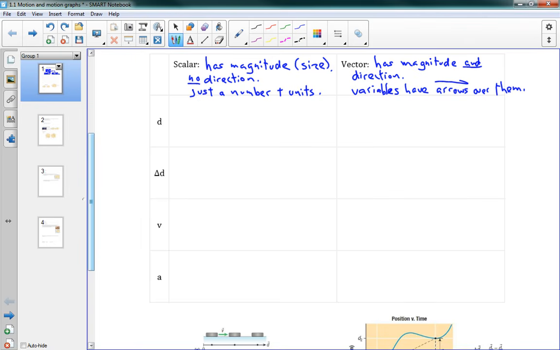Okay. For our scalars and vectors, first we're going to look at d. The scalar called d has the name of distance. So that's our scalar measure, distance. What we can say about this is that it's usually longer than our displacement.